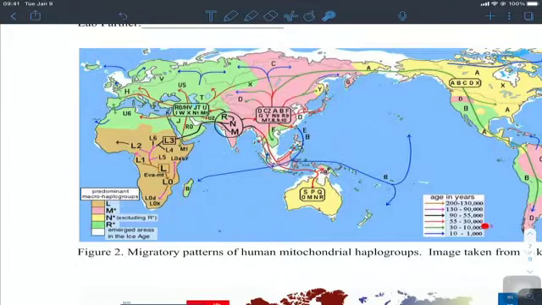Something in the 55 to 30,000 years ago, where the M and the N types travel either to central China or Southeast Asia, colonize these land masses here, Southeast Asia, that would have been connected, so you could have walked from one to the other, or travel into China and disperse from there.